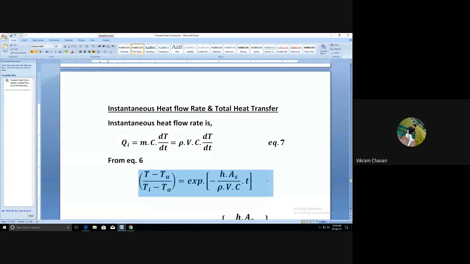Okay, consider once again this equation. T minus Ta divided by Ti minus Ta is equal to exponential of, in bracket, minus h multiplied by A suffix s divided by rho V c whole multiplied by t, square bracket complete.